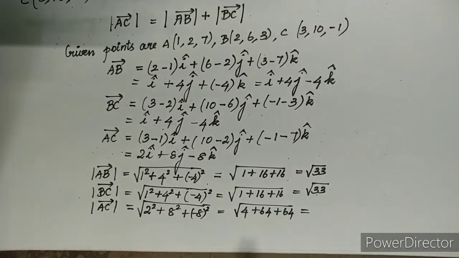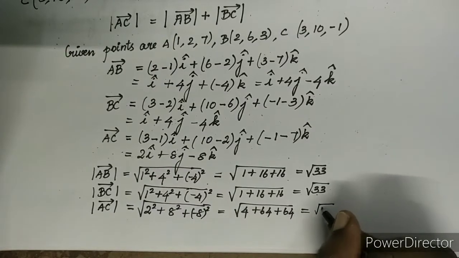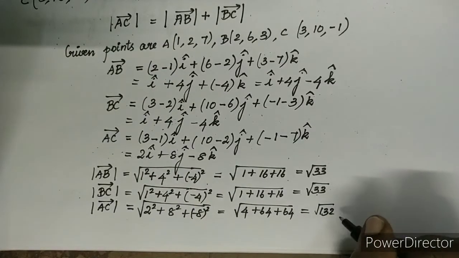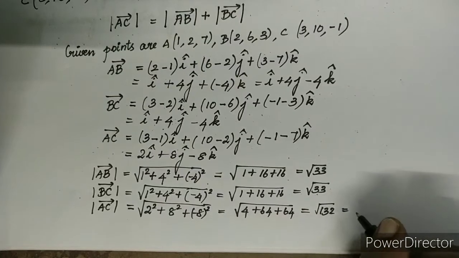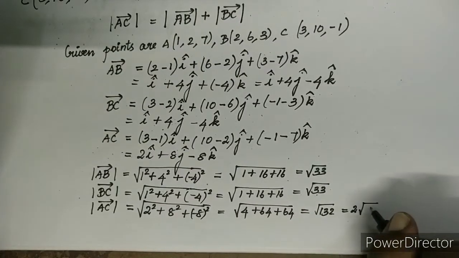Now 4 plus 64 is 68 and 68 plus 64 is 132. Root 132 we can write as 2 root 33.